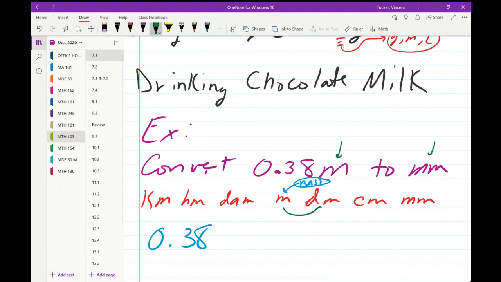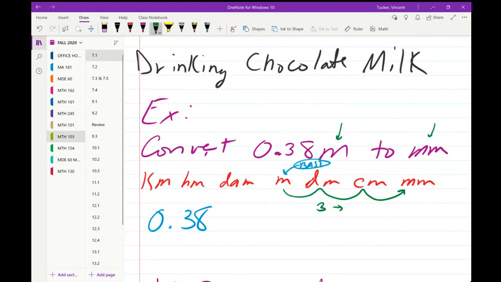So we're in meters, and we want to go to millimeters. So we start at meters and go 1, 2, 3 to the right. So we take that 0.38 and go 3 to the right.